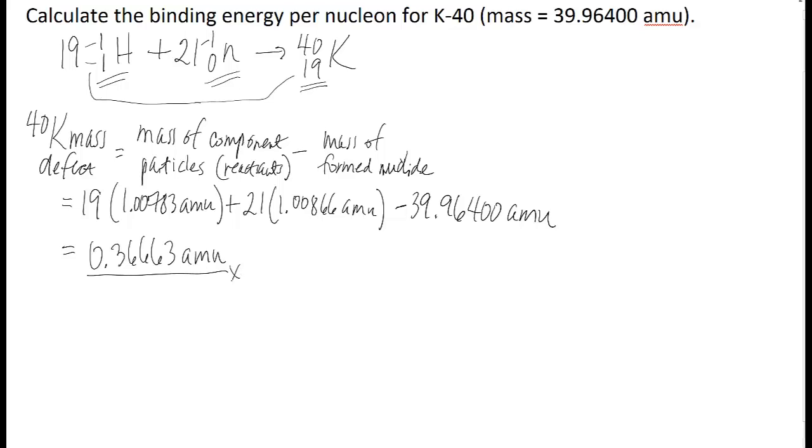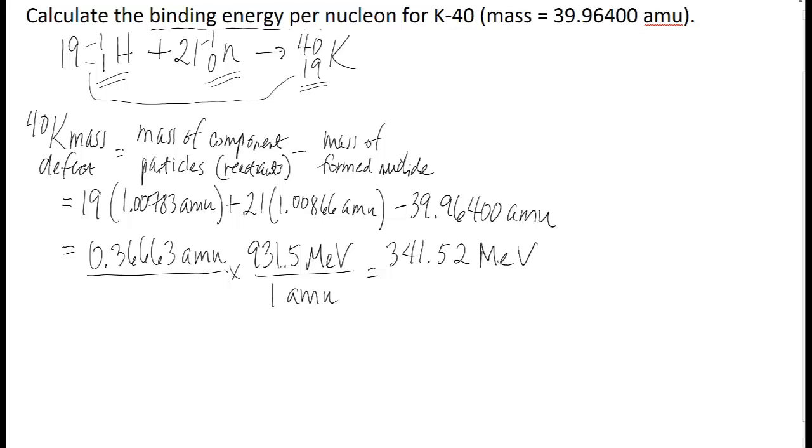And you want to convert atomic mass units to mega electron volts. A useful conversion there is that there are 931.5 mega electron volts in 1 AMU. So you're going to get from that 341.52 mega electron volts.